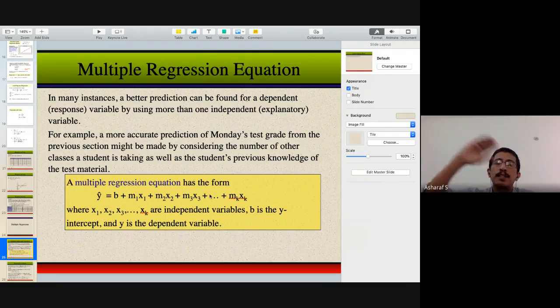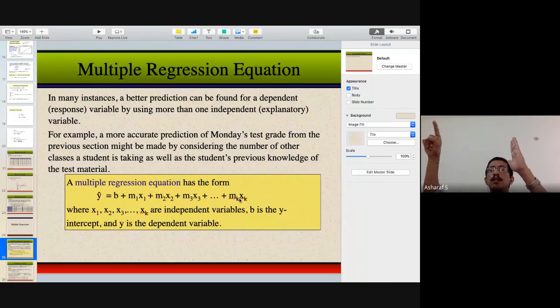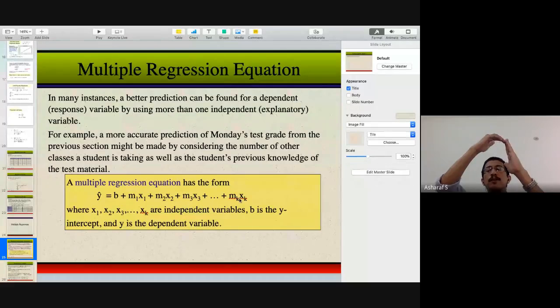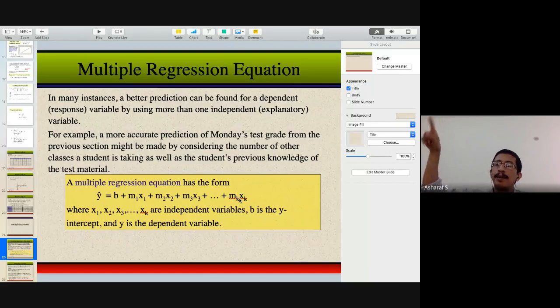Since we assume that there are k independent variables, the X matrix will have k plus 1 columns and m rows, which means you have m training examples. So m by k plus 1 will be the dimensionality of X, and for each of the m X vectors, you will have the corresponding y's.